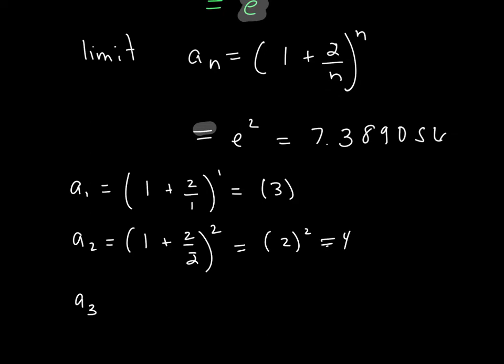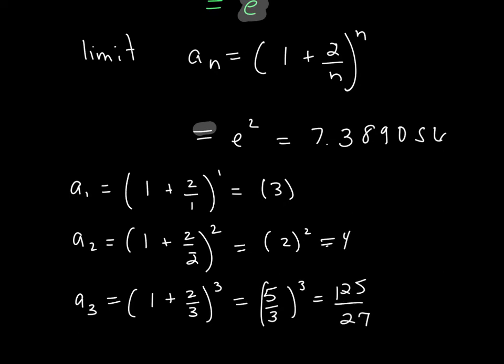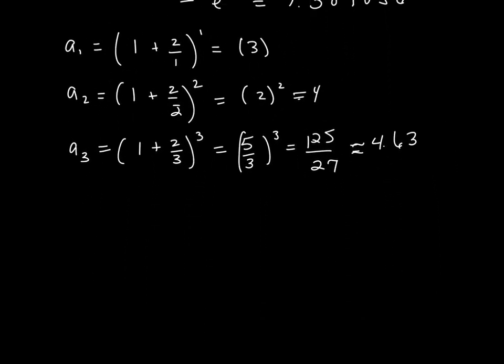The third term is going to be 1 plus 2 over 3 to the third power. That becomes 5/3 to the third power, or 125 over 27, or approximately 4.63.